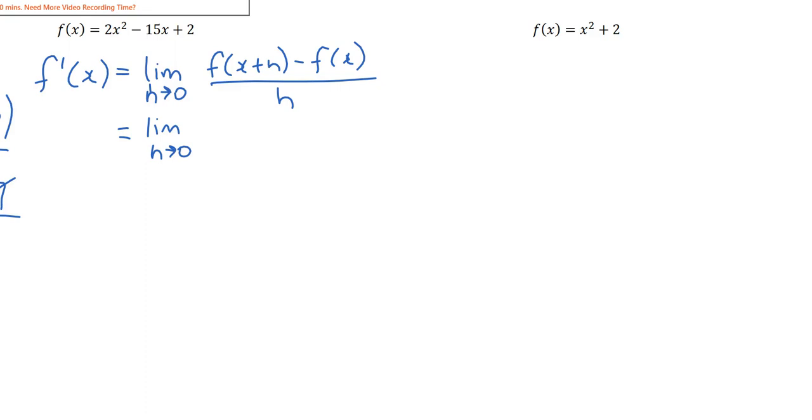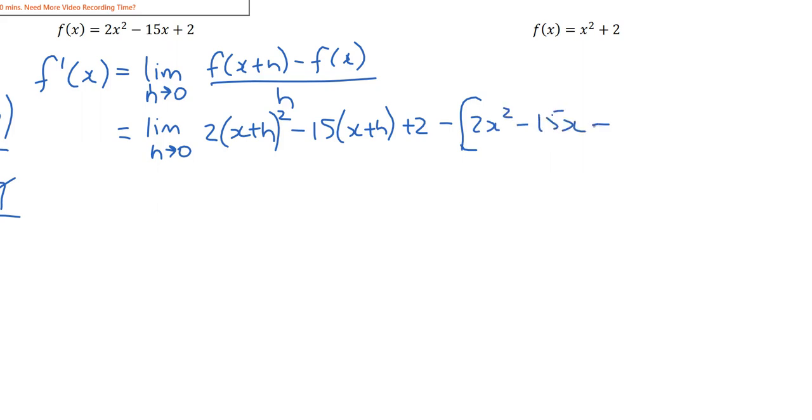We're talking about the technical way of doing it with these limits all the time, but you don't need to say that if I'm trying to explain it to you. Does that make sense? So this is now 2 times x plus h all squared, minus 15 times x plus h, plus 2, minus, there's some brackets, sorry, 2x squared minus 15x plus 2. And that is all over h. You happy with that?